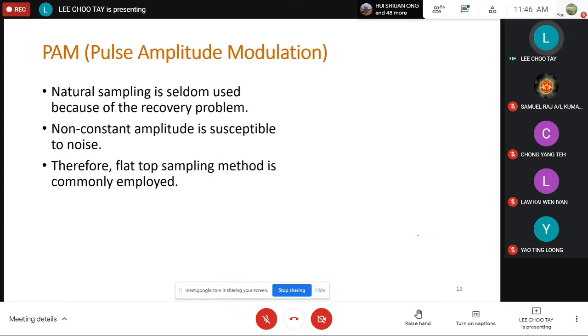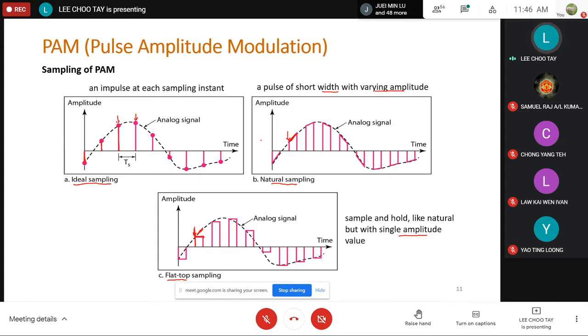So there are three options, but by comparing these three options, we can see that natural sampling is seldom used, because of the recovery problem. Why a recovery problem? If you use an impulse, the frequency of the sampled signal will be very, very high, and then they will have a problem at the recovery later.